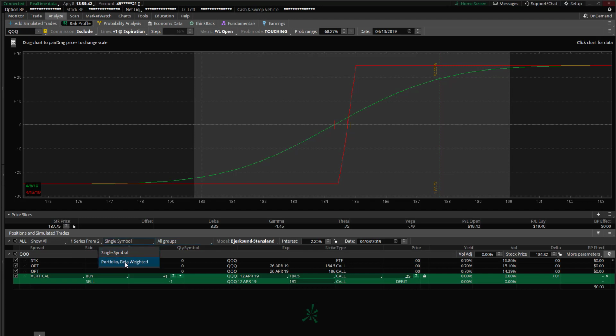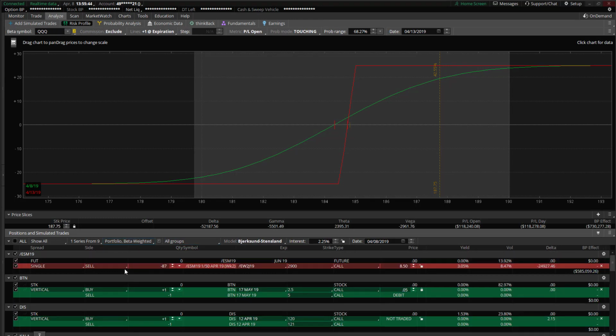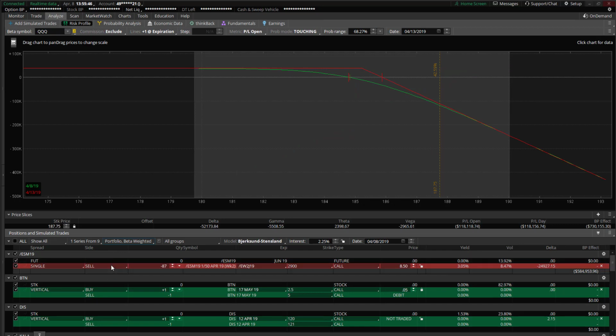The single symbol, you can swap it over to beta weight, and this is useful if you're applying hedge material, right? So for an example, if I wanted to trade two different indexes at the same time, using one for my hedge and one for my trade, like we do with SPY and the Qs. It's a completely different video that we can skip for now.